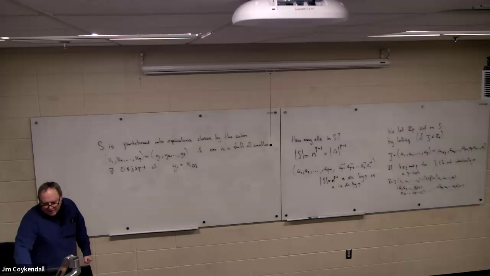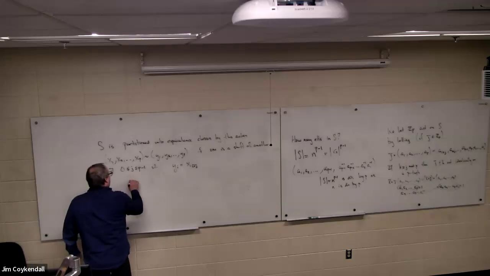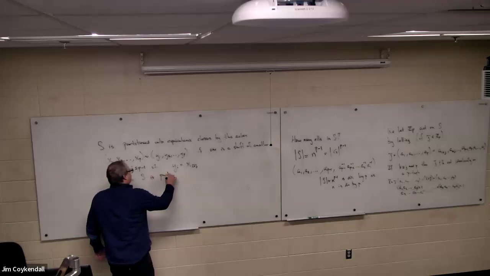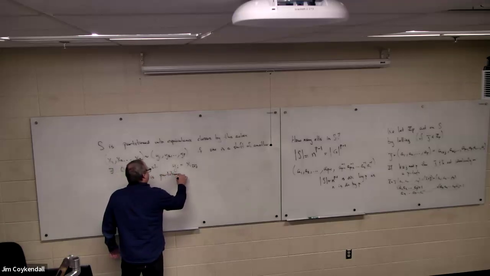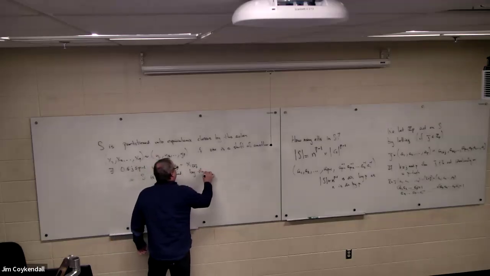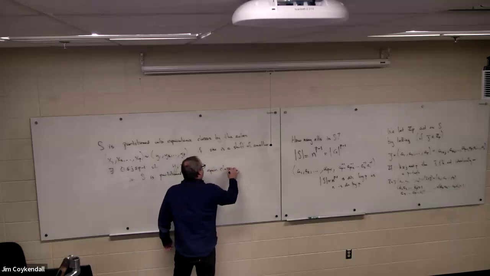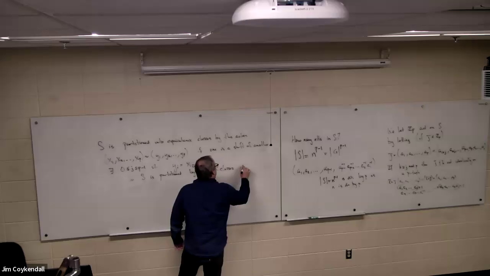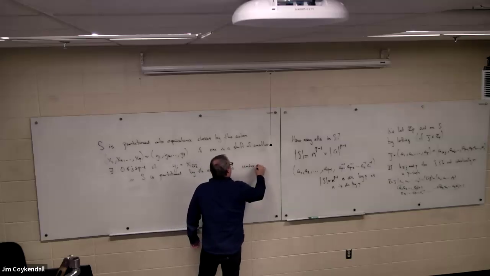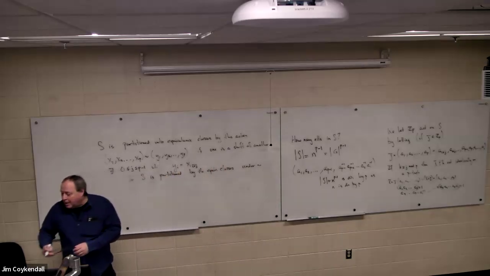This is something that we've already seen. So S is partitioned by the equivalence classes under my shift relation. Now I'm going to make a bold claim.